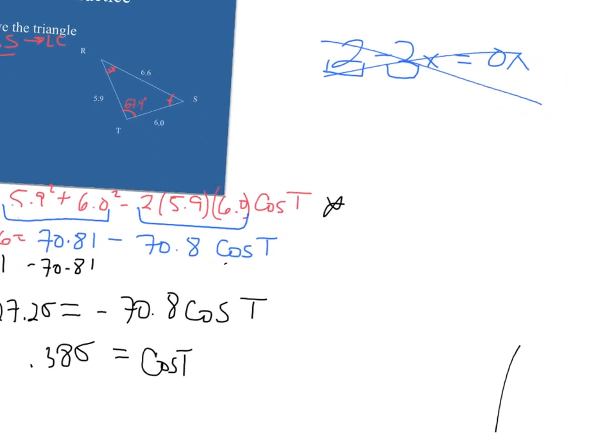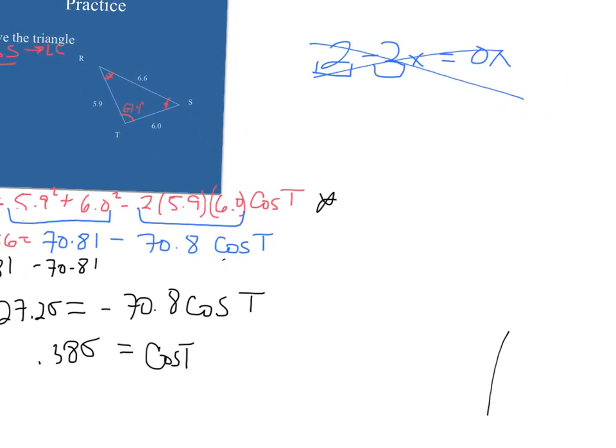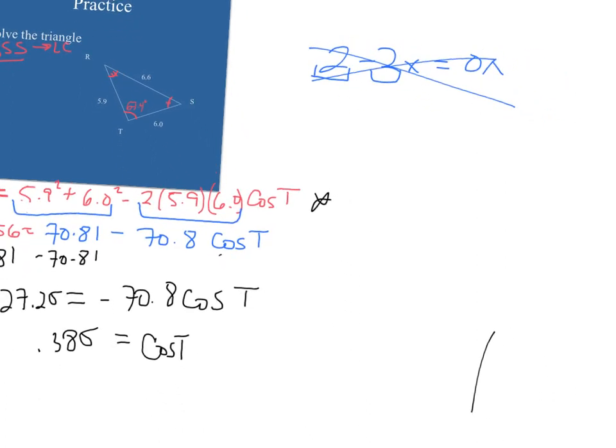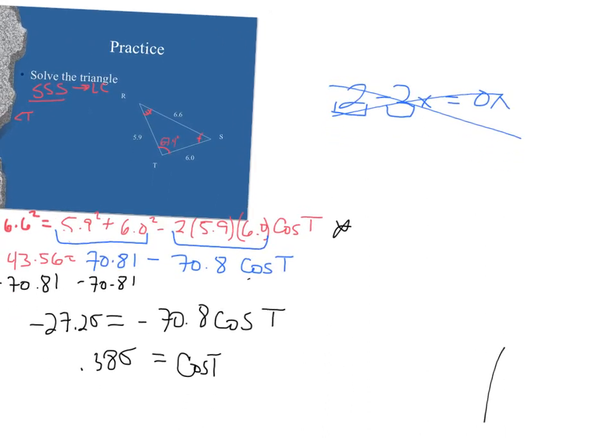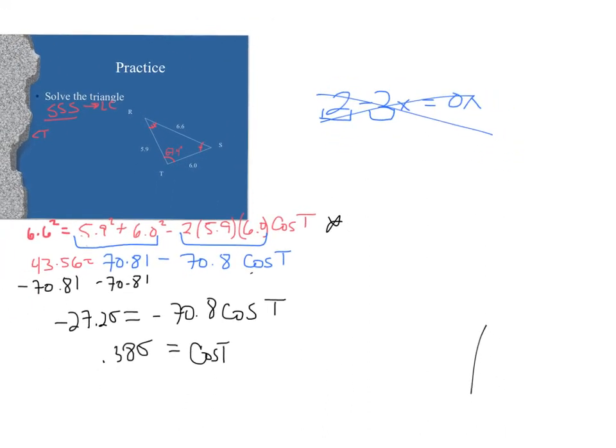Now it said to solve the triangle, so I need to solve for angle S and angle R. Okay, well now, because of the information that I have, let me straighten this out a little bit. I know that angle T is equal to 67.4 and side T is equal to 6.6.